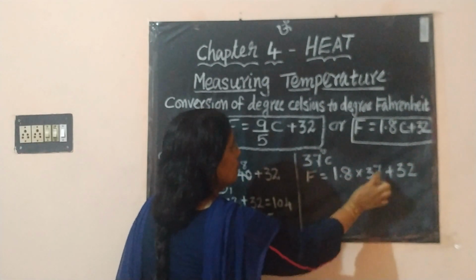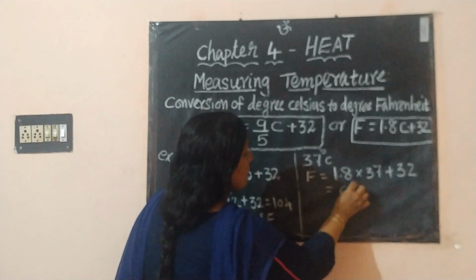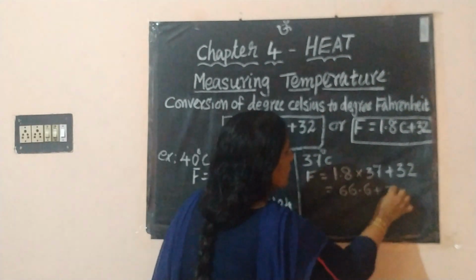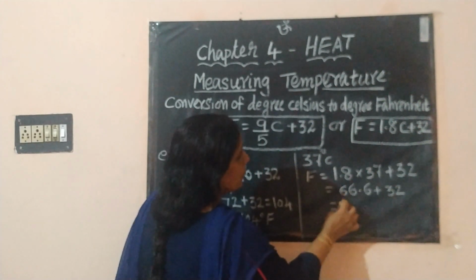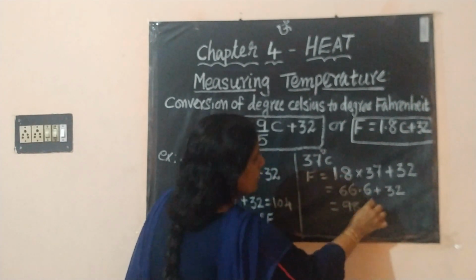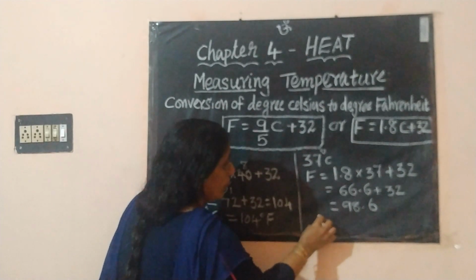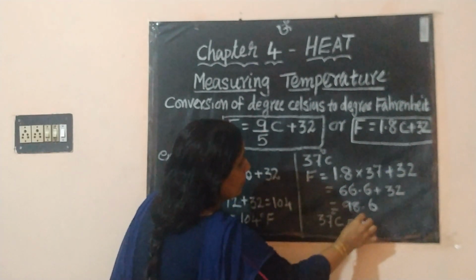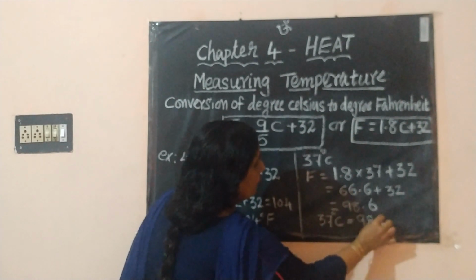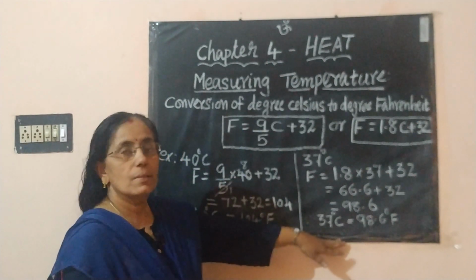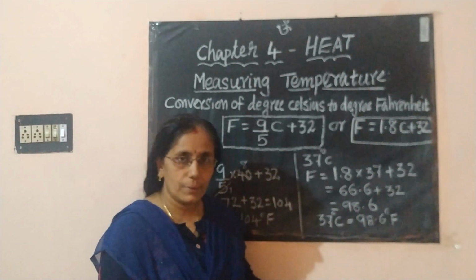If we multiply these two, we get the answer 66.6 plus 32, which is equal to 98.6. Therefore, 37 degrees Celsius is equal to 98.6 degrees Fahrenheit. This is our normal body temperature.